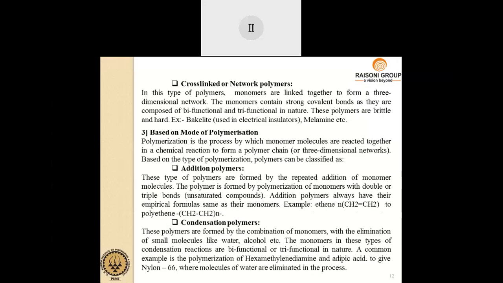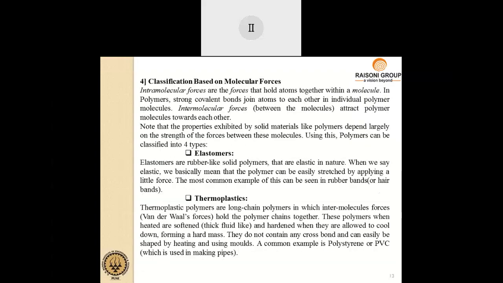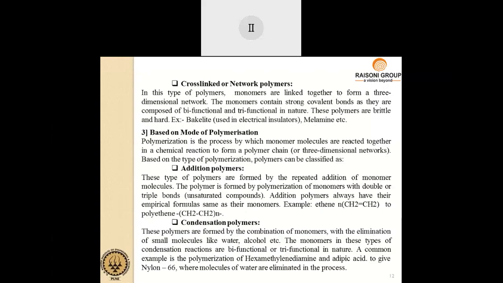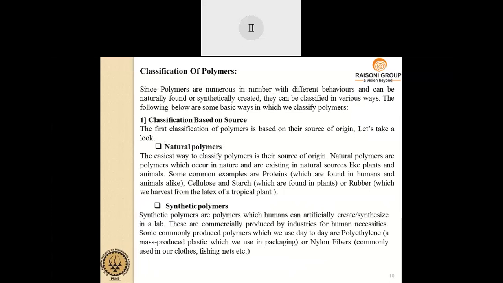Then another classification method is mode of polymerization, meaning how we are making those polymers, what is the process. Depending on different processes, polymers can be classified. Then another way is the classification based on molecular forces. In these four categories we can classify our polymers.